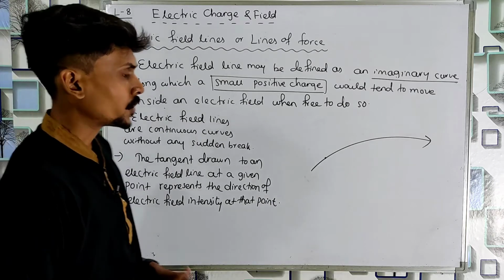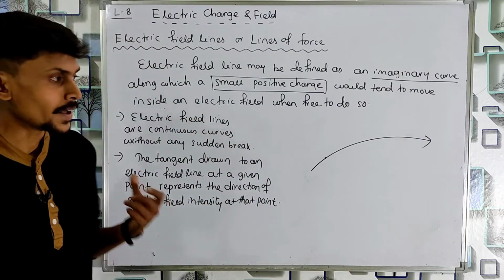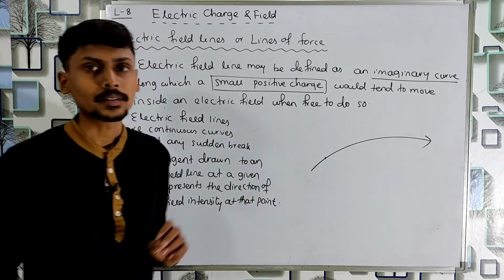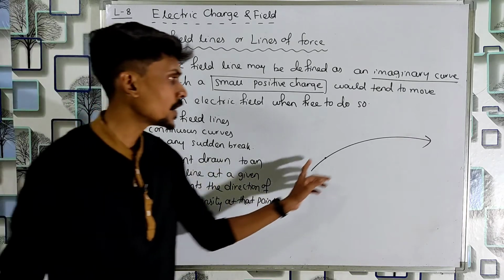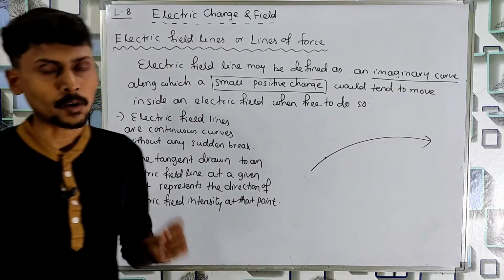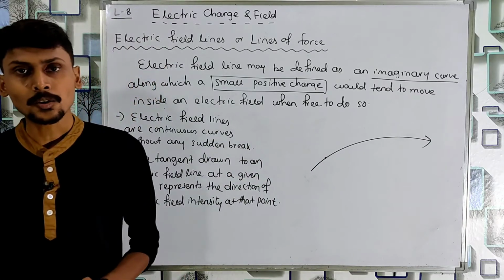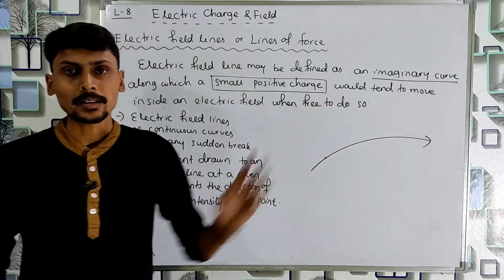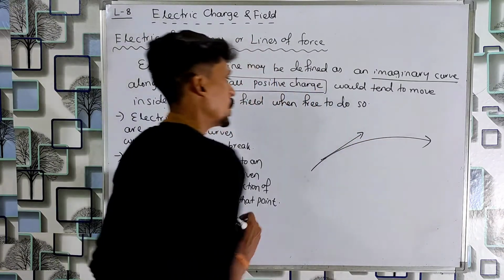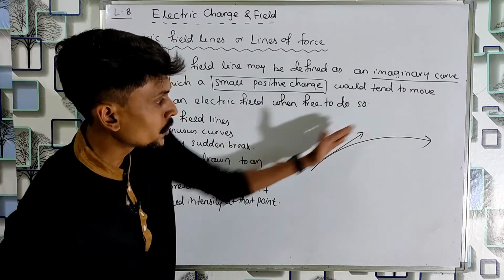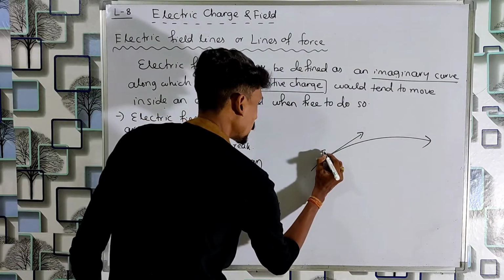So if we wish to find the electric field intensity direction at this point, what do we have to do? Just draw a tangent to the electric field line at that point. We draw a tangent at the given point to the electric field line. So let me draw a tangent here. This tangent will represent the direction of electric field intensity at this point.